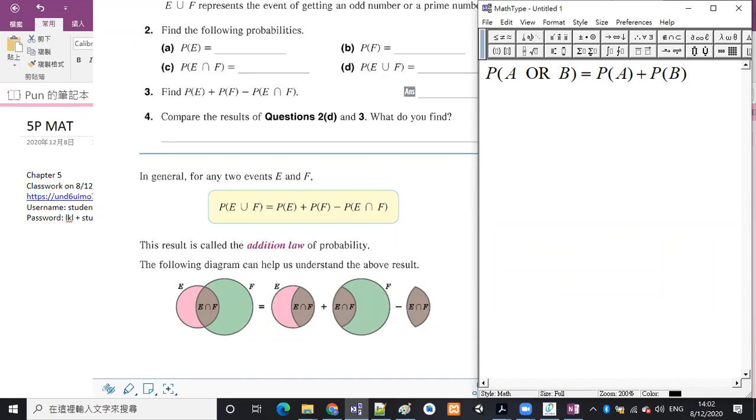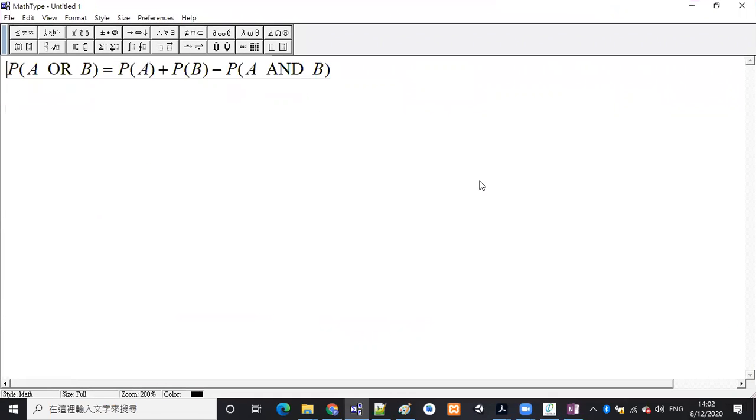But we need to subtract P(A and B). So this is the first law of probability.